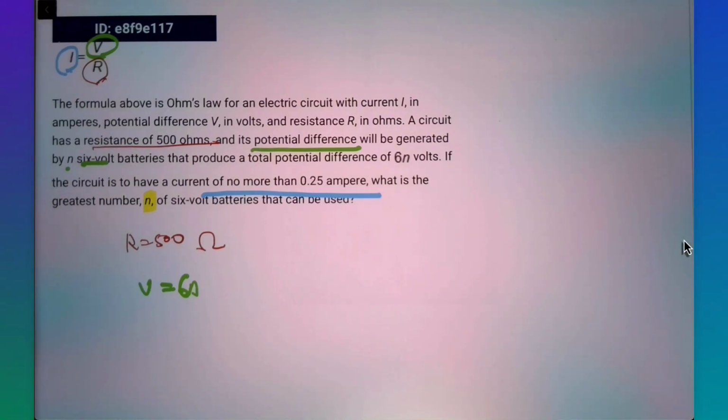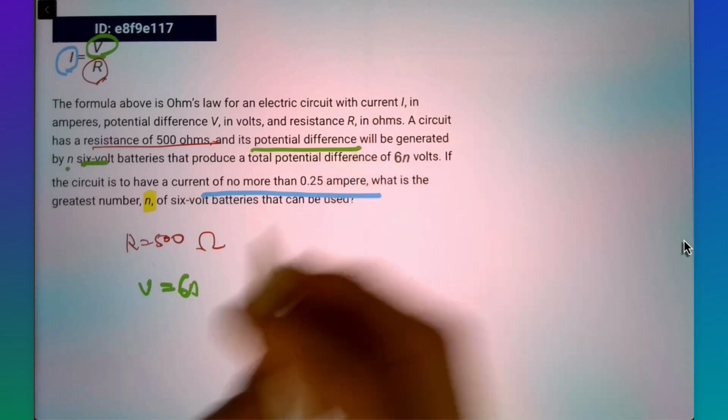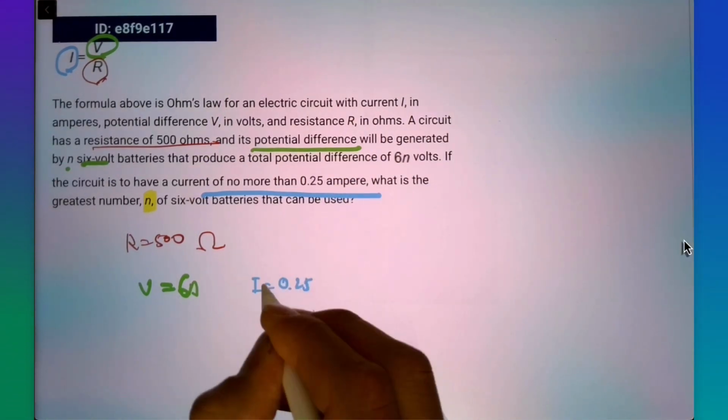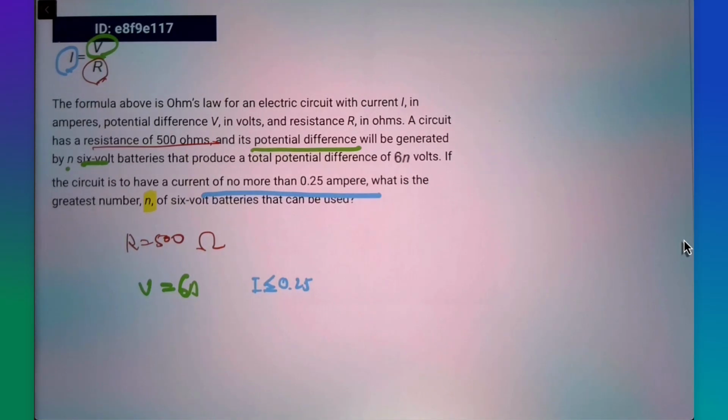I is equal to 0.25, but it said no more than, so we have less than or equal to. We're going to choose this as our major inequality.